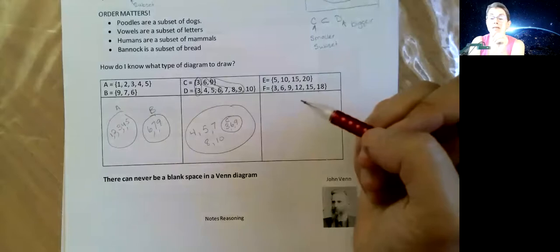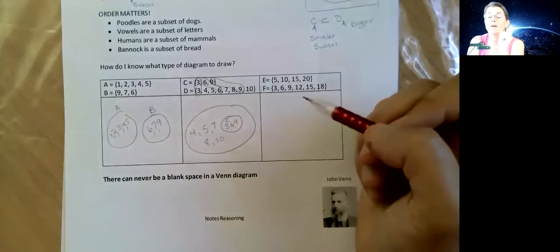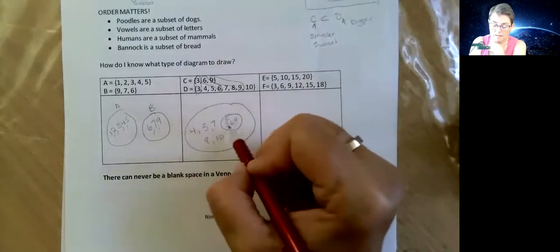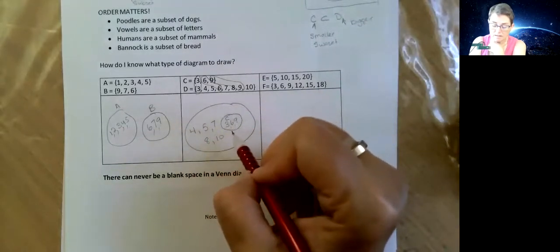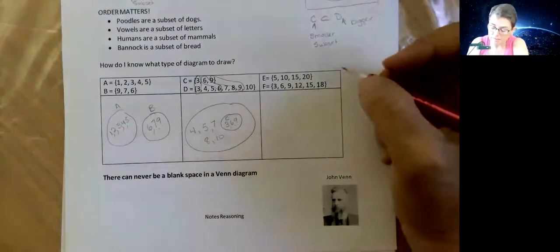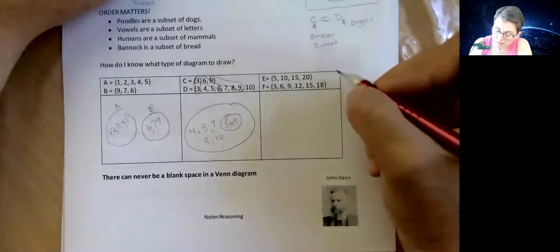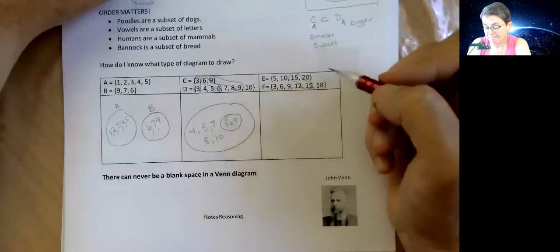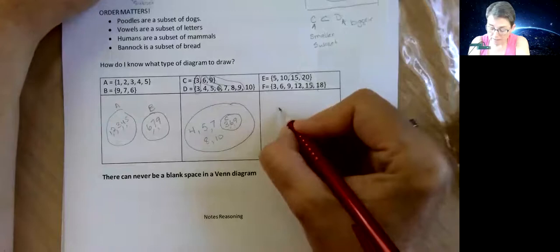Any number or variable only gets to show up once in the diagram. Okay, so watch for that. These are already there. This is a subset, so it's part of this bigger one. And let's see what this one, we got 15 in common. I think that's it. All right, but all you need is 1.